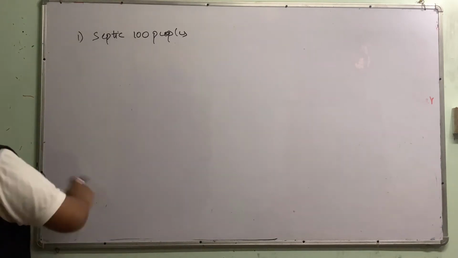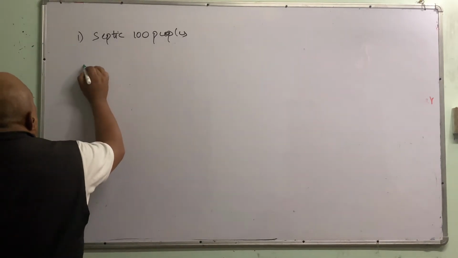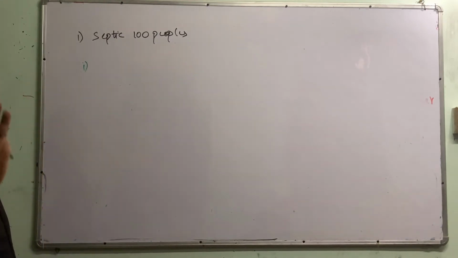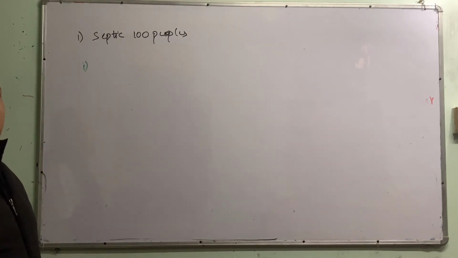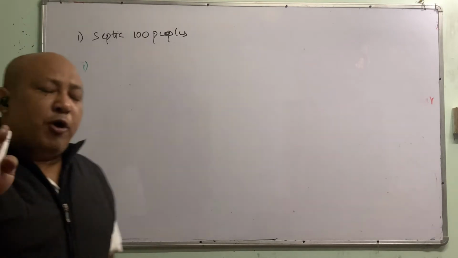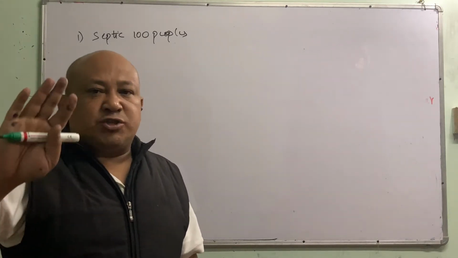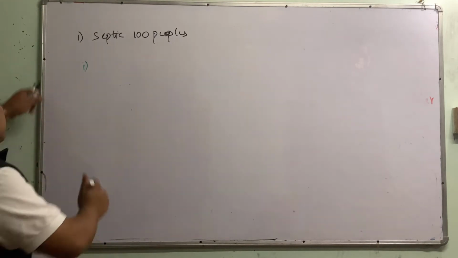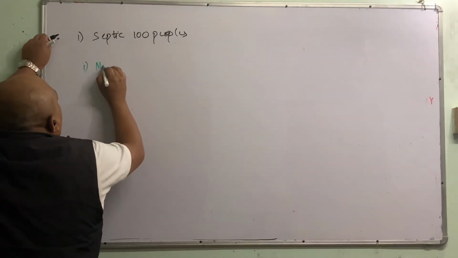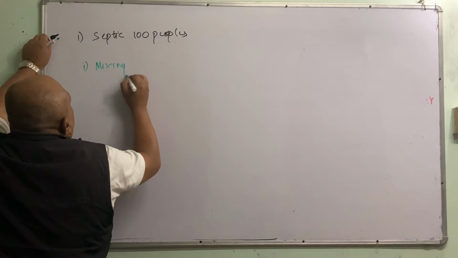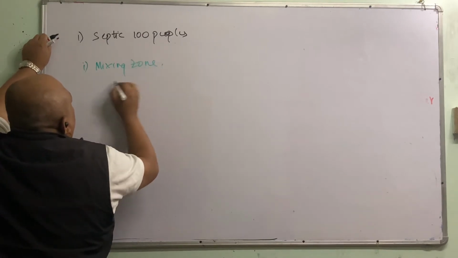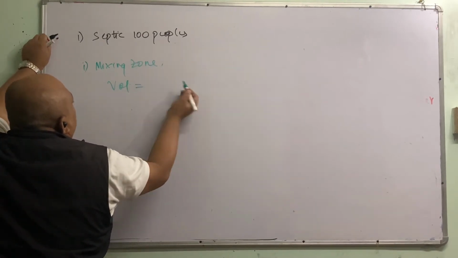So now, the first thing is you have to decide. I told you there are 3 zones. The first zone is the mixing zone. Second is the sludge zone. Third is freeboard. For freeboard, you just increase the depth. That's all. So, first one is the mixing zone, the volume. What is volume?